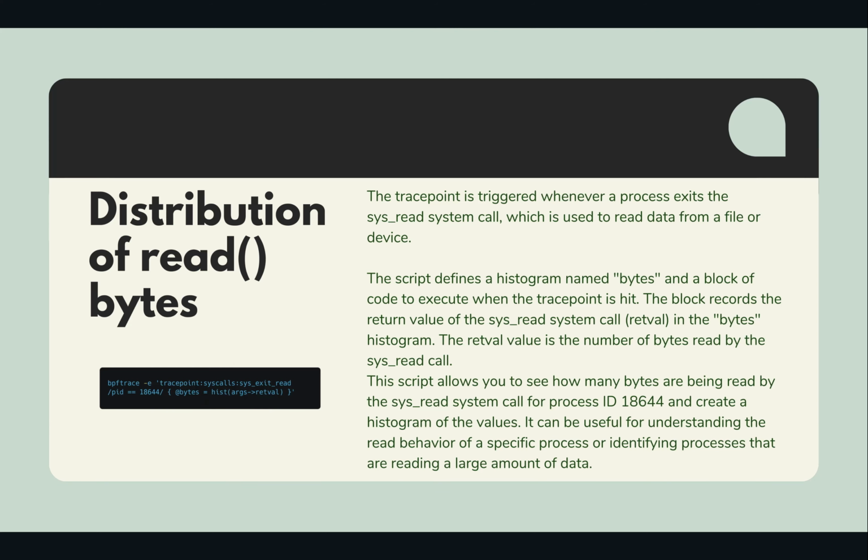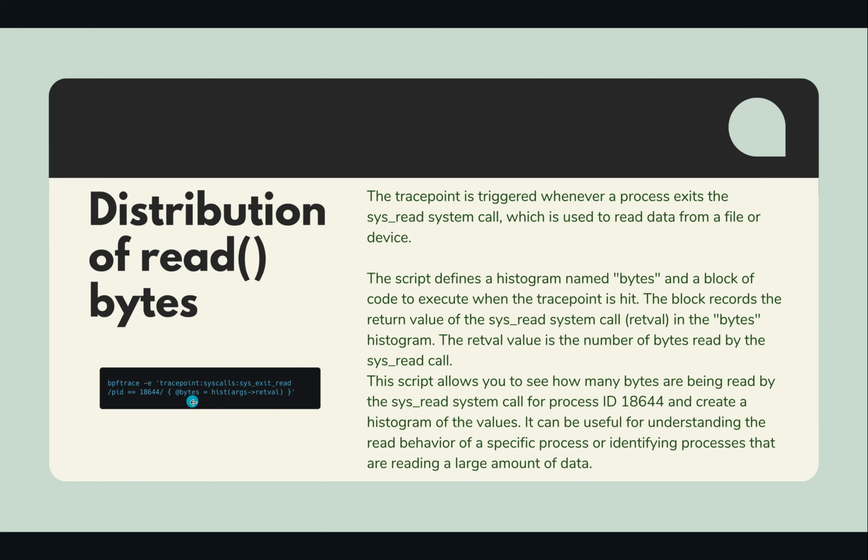At the start of the presentation there was a similar example. If you want to see how many bytes have been read by a particular process whenever a process exits, we can use this particular script.